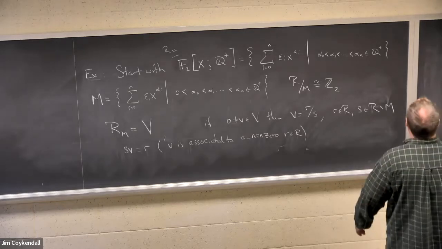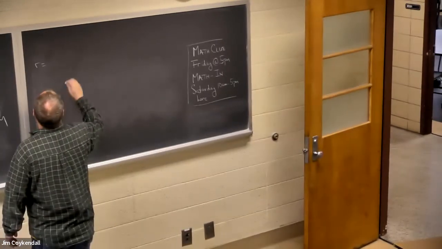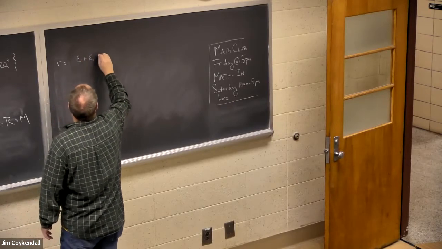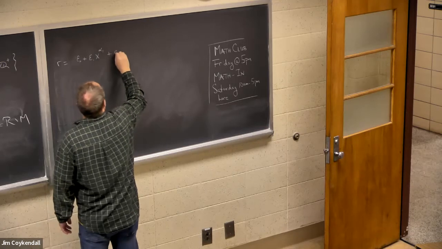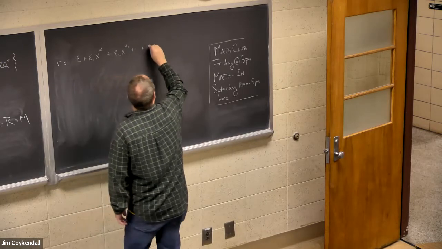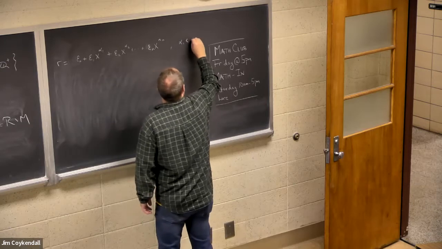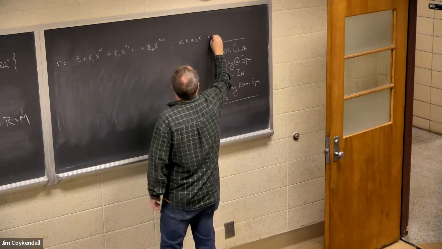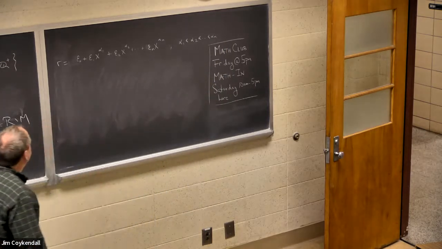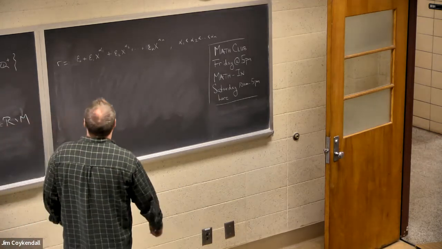And so notice that R is equal to epsilon_0 plus epsilon_1 x^alpha_1 plus epsilon_2 x^alpha_2 up to epsilon_n x^alpha_n, where we'll assume alpha_1 < alpha_2 < ... < alpha_n, because I can certainly arrange it that way.